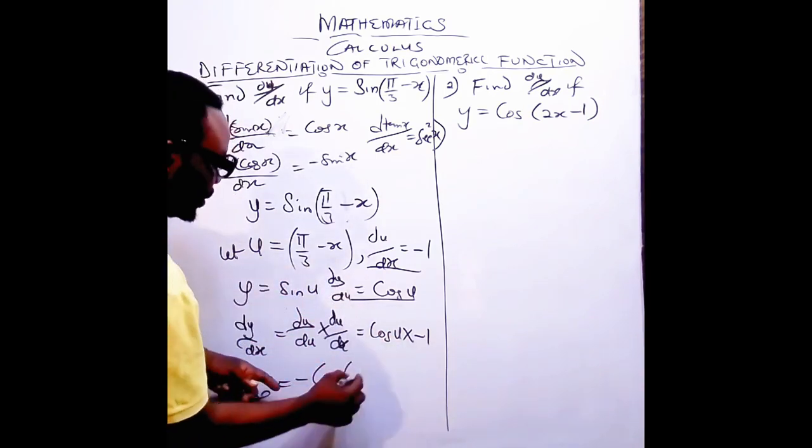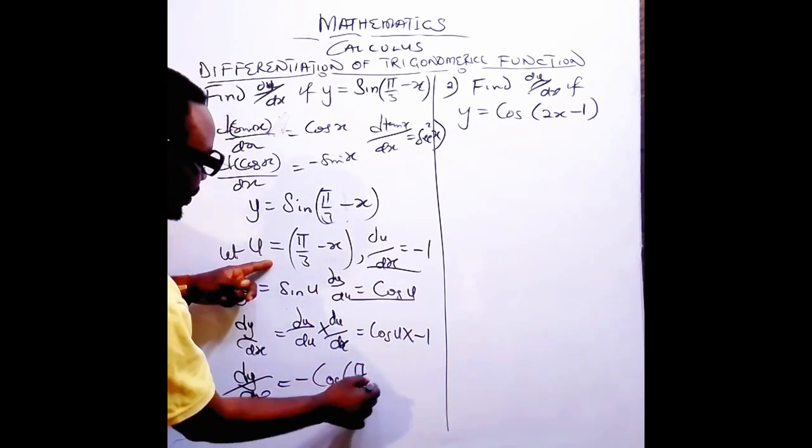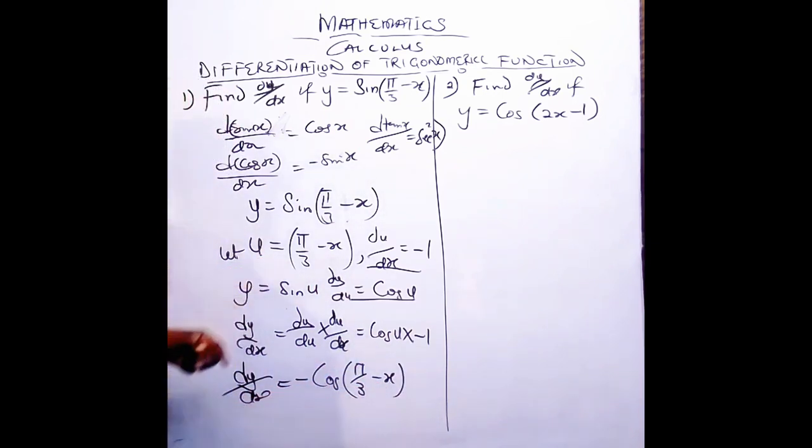That's pi over 3 minus x. That is the value that we are going to get as the answer there, minus cos of pi over 3 minus x. So that is the answer to our question.